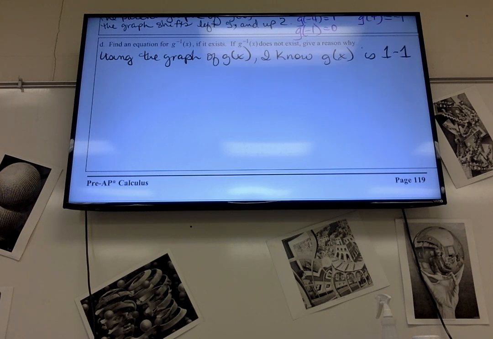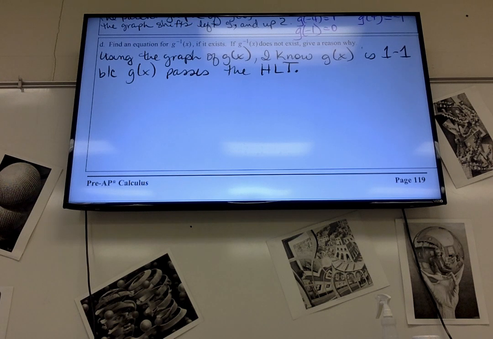So I'm using the graph, it's 1-to-1, and it passed the horizontal line test. 1-to-1 because g of x passes the horizontal line test.